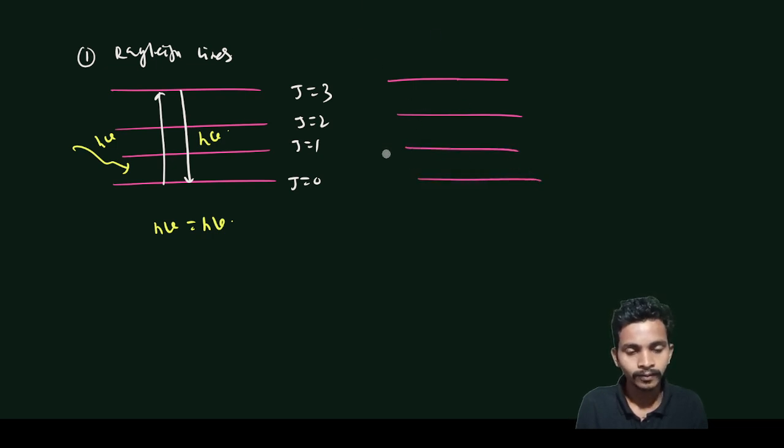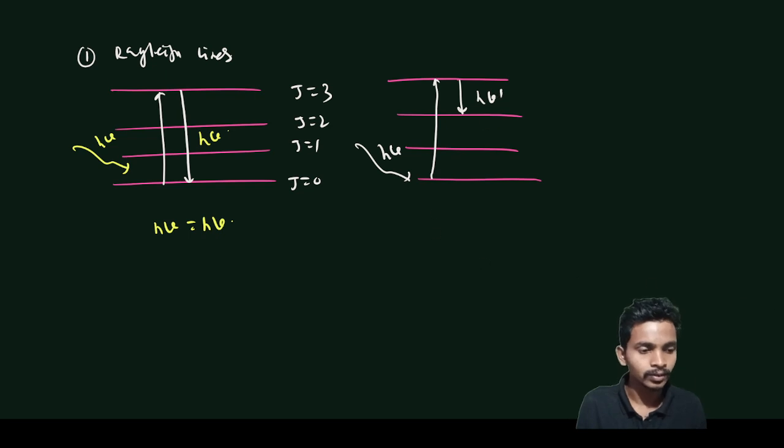let's say for Stokes lines, here given this h nu, so this h nu has released. So here we see that this h nu is greater than h nu dash.